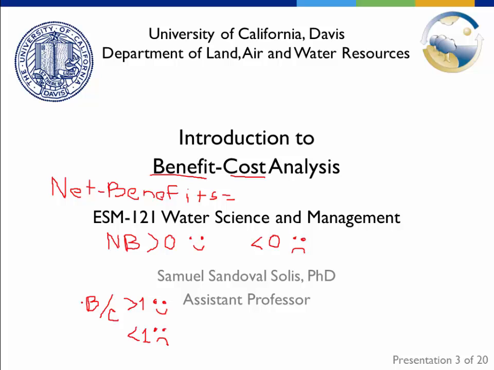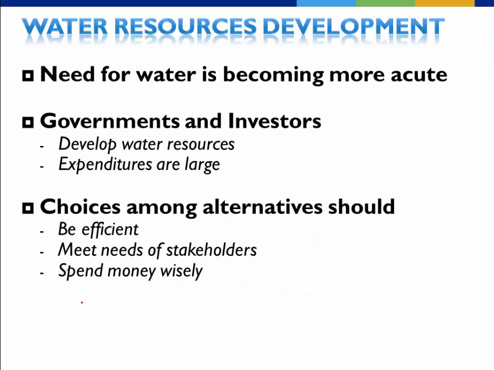I'm going to show you a little bit of engineering economics, and also specifically how to compare two projects and the incremental net benefit method. So why do we estimate net benefits? Why do we estimate the economic value of a project? First, there is a need for water, and this is becoming more acute.